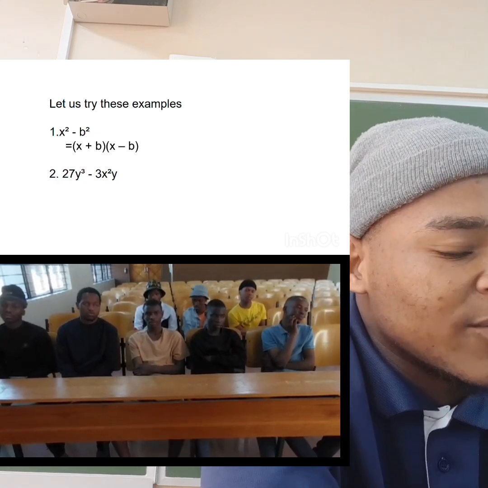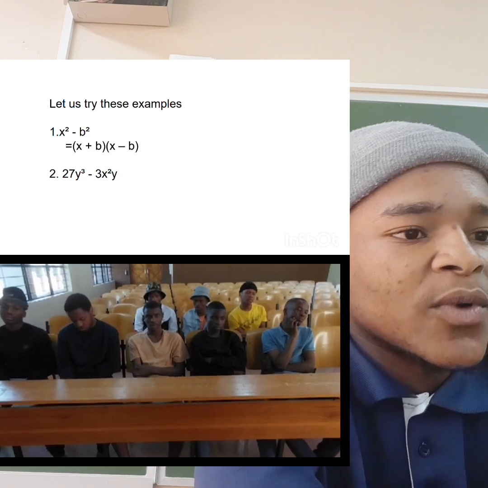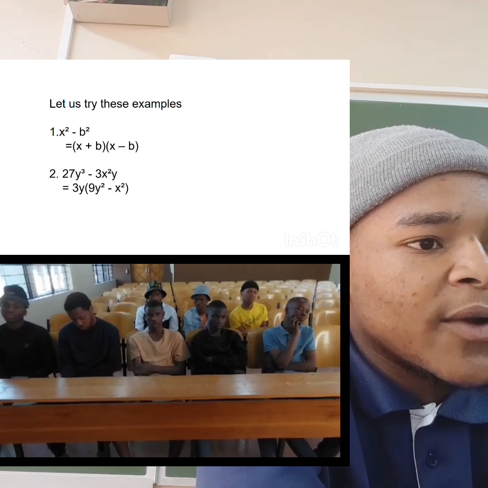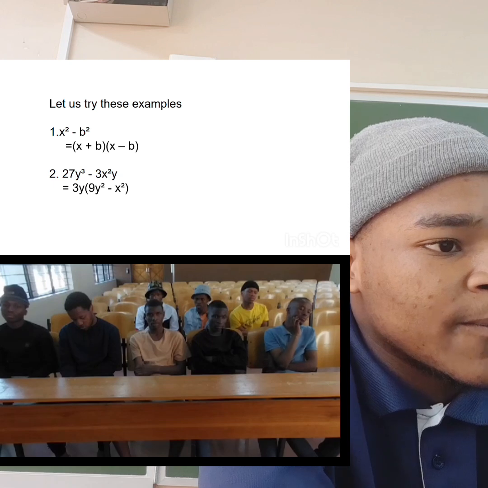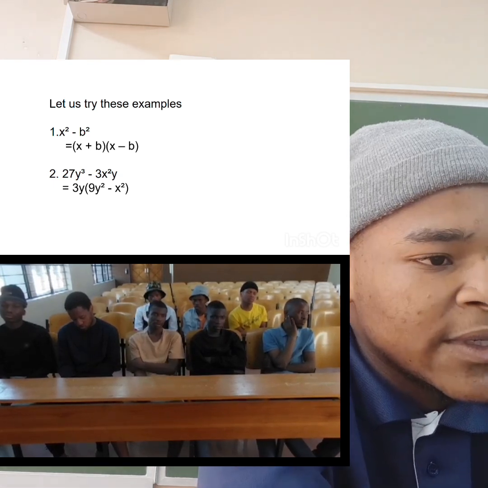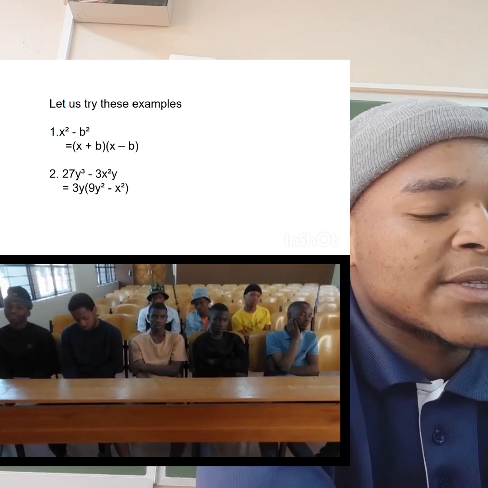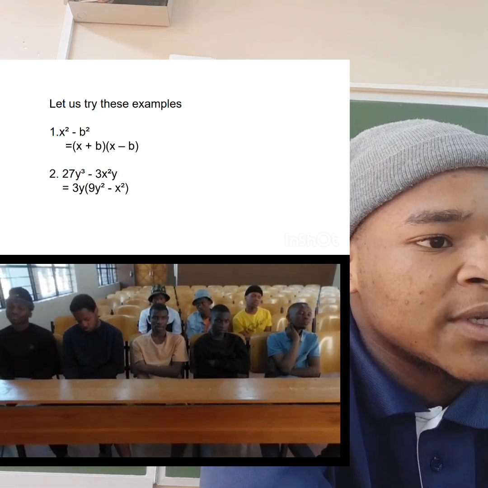And the second example, 27y cubed minus 3x squared y, and when we're solving this problem, our answer will be 3y open bracket 9y squared minus x squared close bracket.